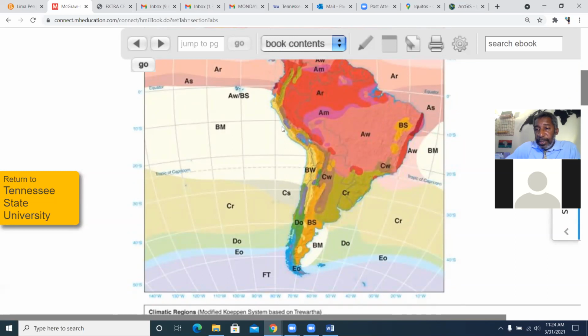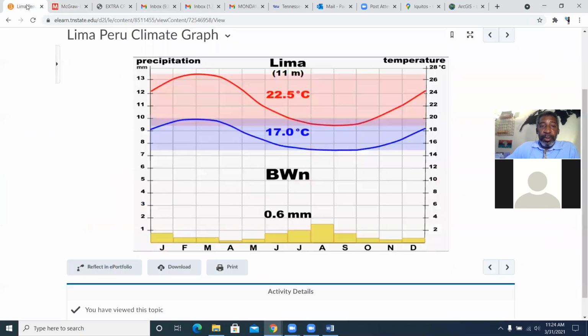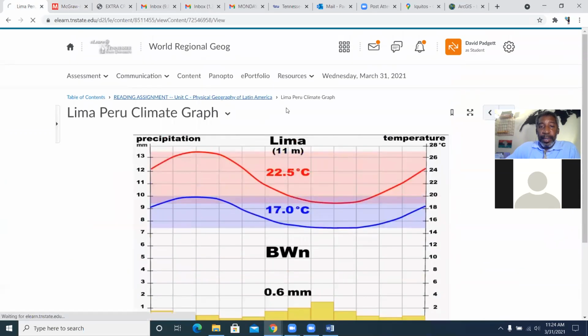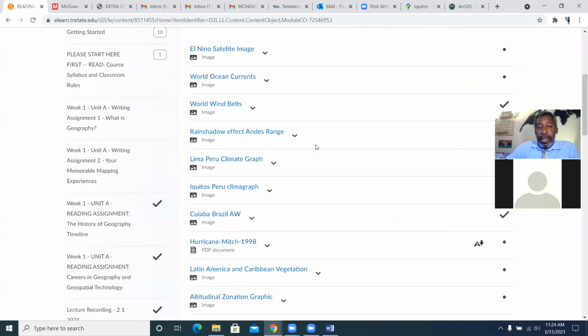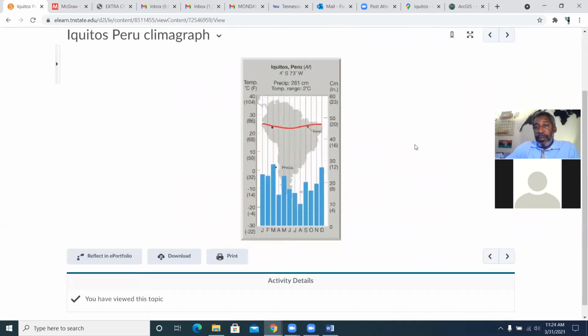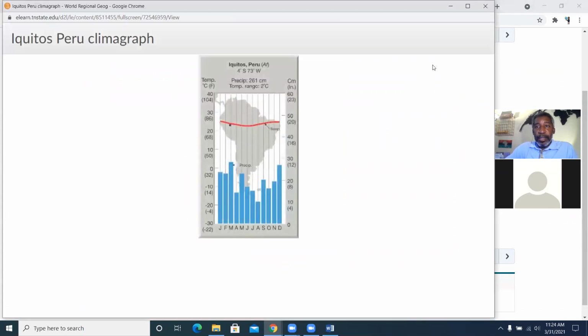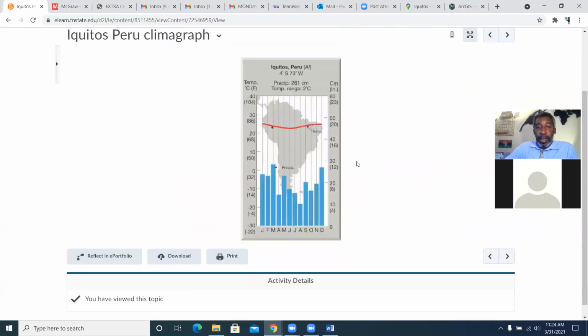So drastically different climates between those two cities, and if we go back and look at the climate graph for Iquitos, Peru, we can see how different these two actually are. If you remember, Lima, Peru only had 0.6 of a millimeter of precipitation.